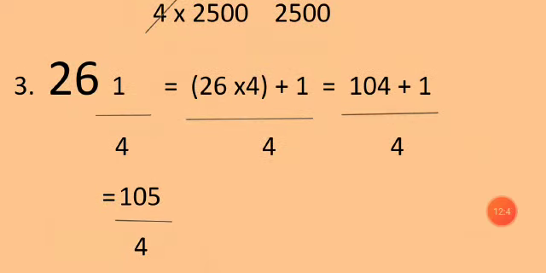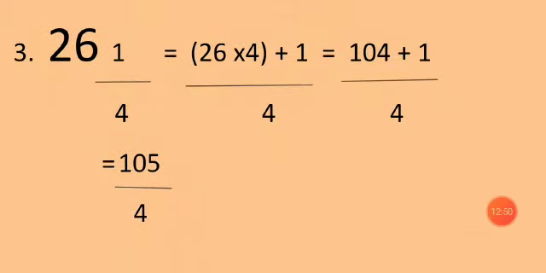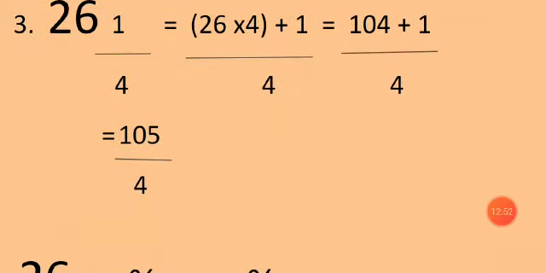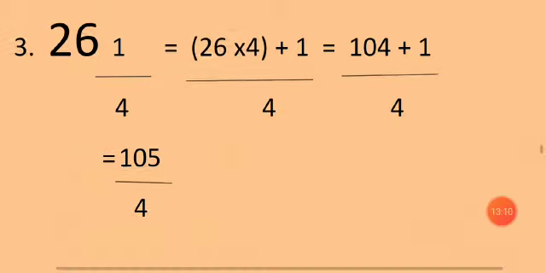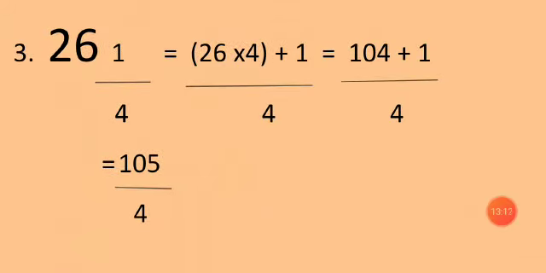Thank you. Number 3, we have 26 whole number 1 over 4. I told you the first thing you have to do when you have a mixed number presentation for percentage, like for this number 3, is to convert the mixed number first of all to improper fraction.